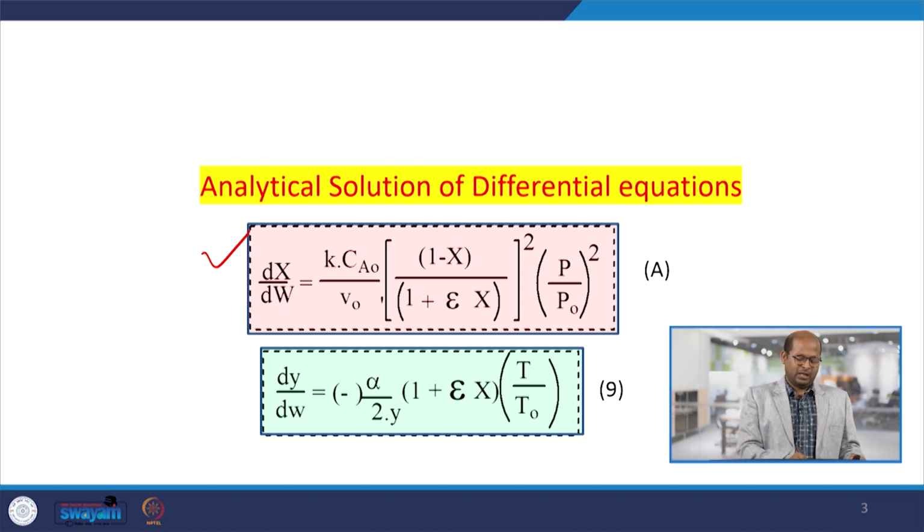And the second equation is dy by dW, where y is the pressure ratio for the packed bed reactor. That is a function of temperature as well as conversion. Now, if we solve these two equations, then let us say at the beginning there is no catalyst, so of course there would be no pressure drop inside the reactor.